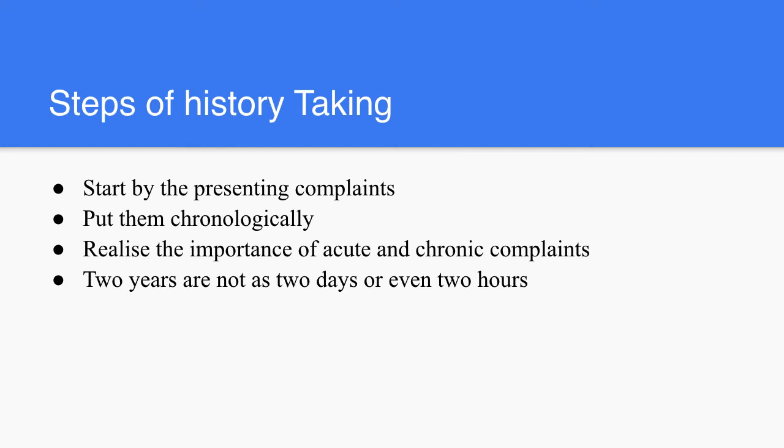And then realize the importance of acute and chronic complaints. Like if the patient is having diarrhea, if it's for more than 2 weeks, then this is chronic diarrhea. And if it's less than 2 weeks, this is acute diarrhea. And each one has got its own differential diagnosis.